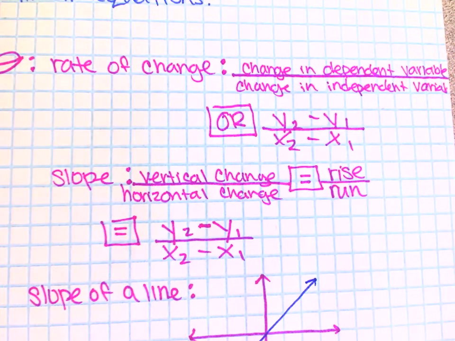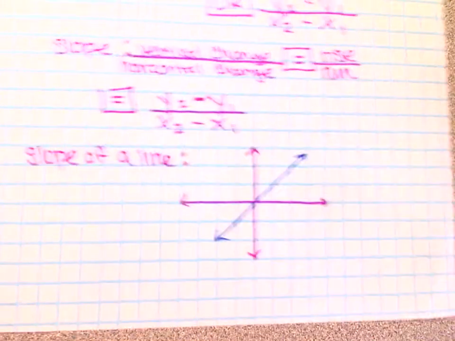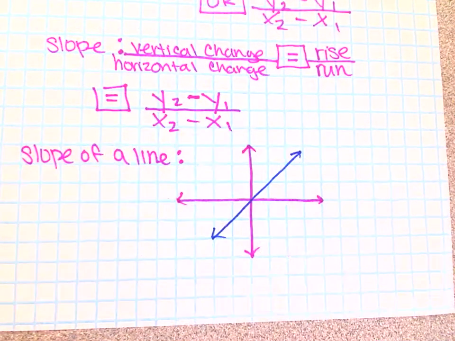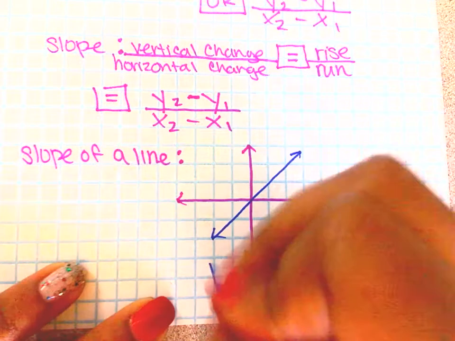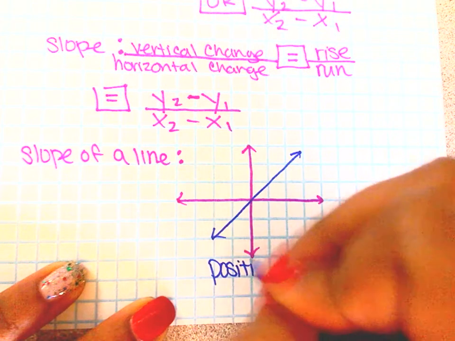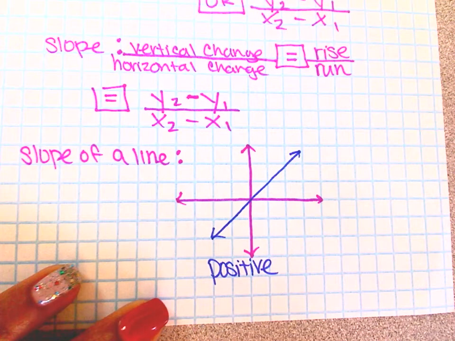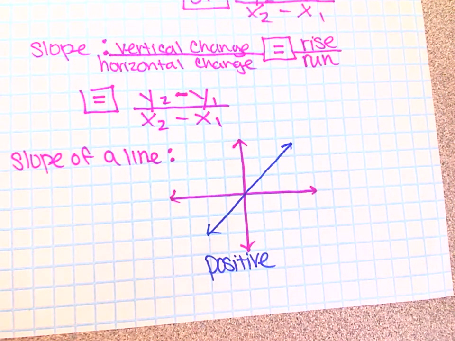That's what it's going to look like. So that would be considered a positive looking graph. It goes up and slopes like you're walking up a hill. Positive, up a hill to the right.